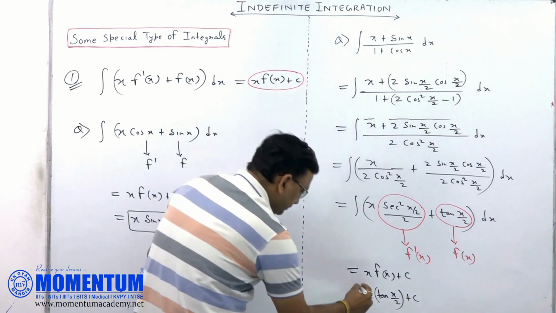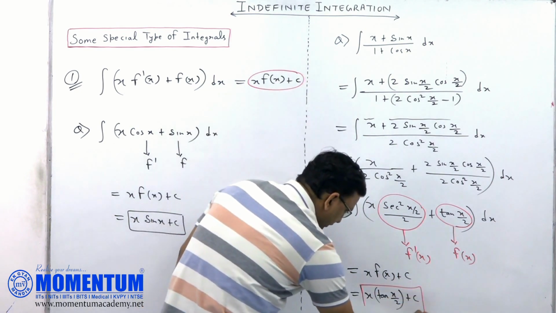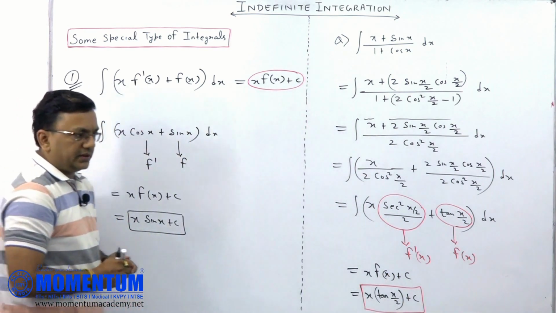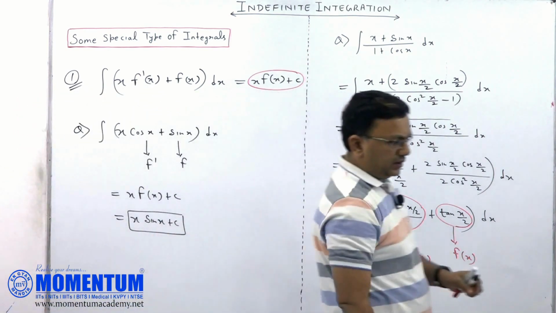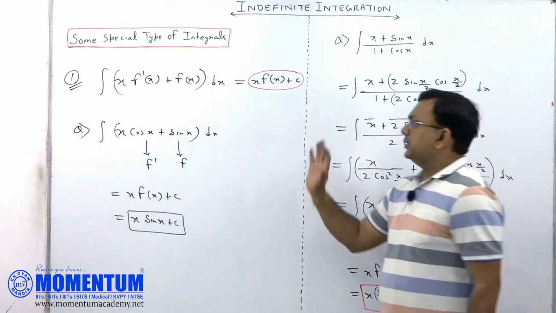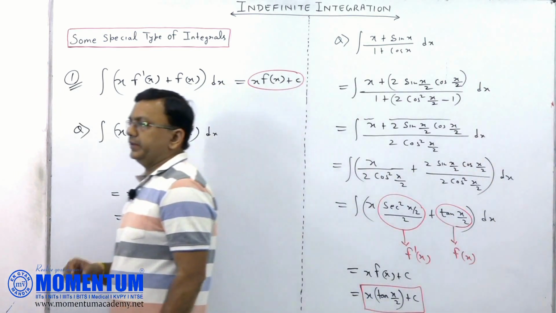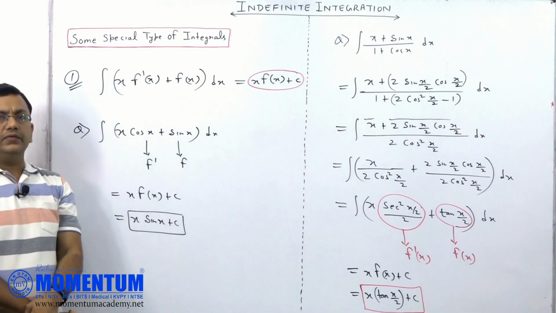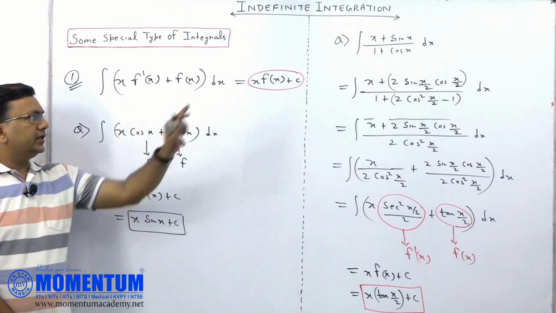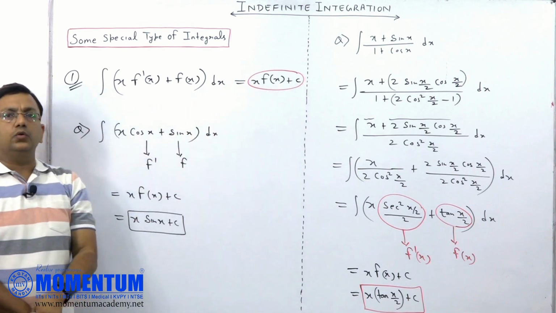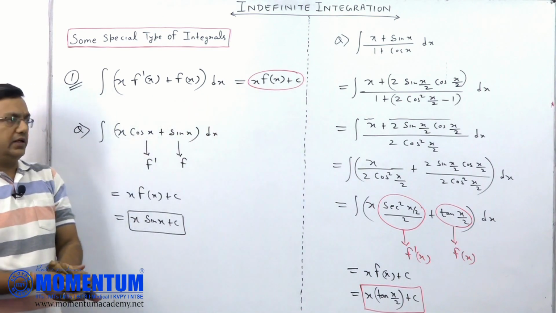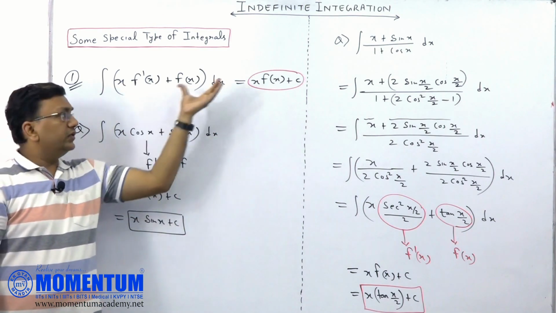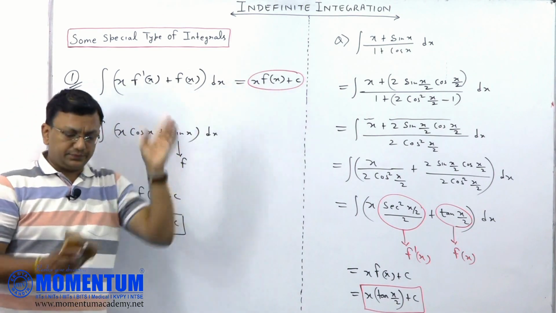So our answer is x into tan of x by 2 plus c. Are you getting it? So I have written first special integral, that is integration of x f dash x plus f of x. Direct answer, x into f of x. So whenever it is possible to convert given integral in this form, we can use direct result.